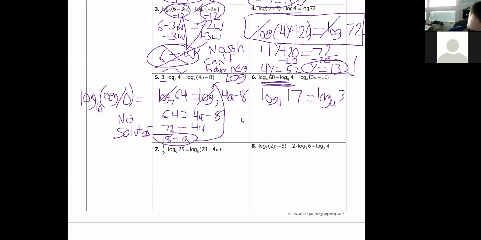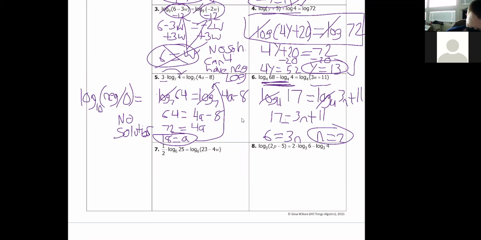So then from here, you can just get rid of your logs because you have one log and the same logs on both sides. So 17 equals 3n plus 11. Subtract the 11, you would just get 6. Then divide by 3, you would get n equals 2. And if you plug this in, you just want to make sure, will you get any negatives?